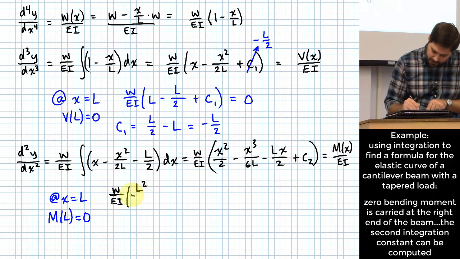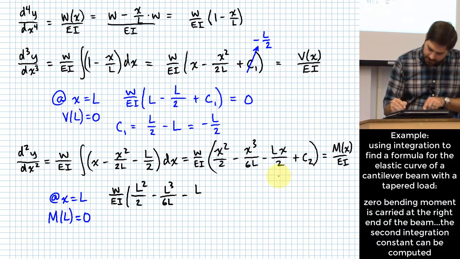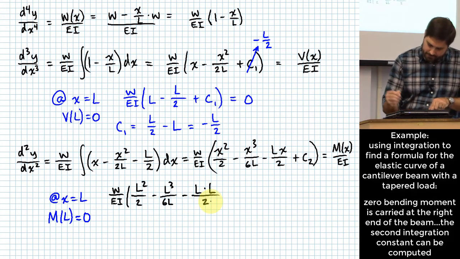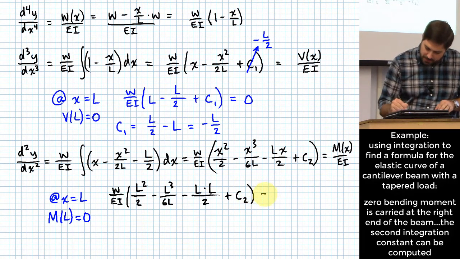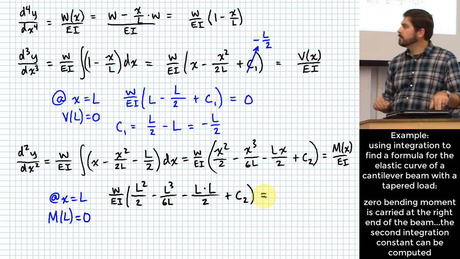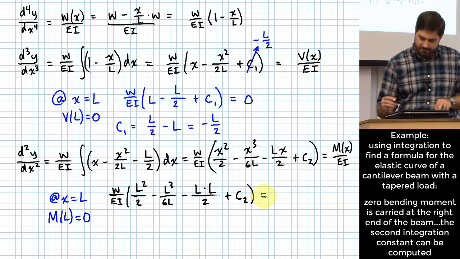So I have L squared over 2 minus L cubed over 6L minus L times L over 2 plus C2. And this has to be equal to 0 because M at L is equal to 0.